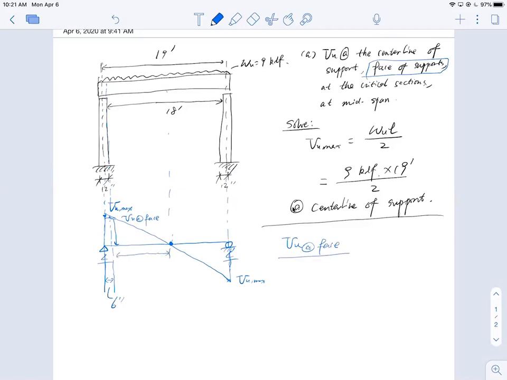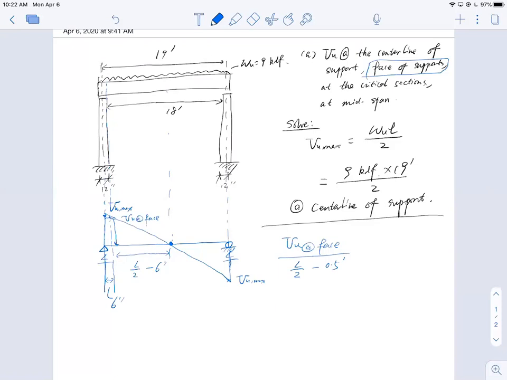This is half of L minus 6 inches, so 0.5 feet. Any questions? If you have a question, you can feel free to interrupt or send me a chat message, either way.